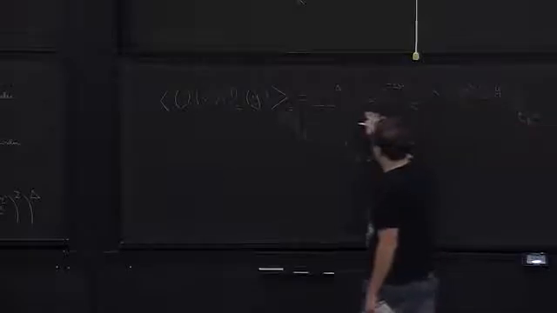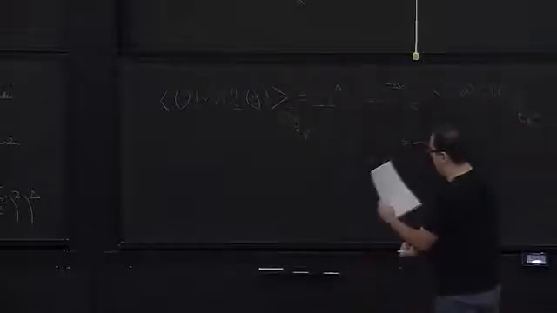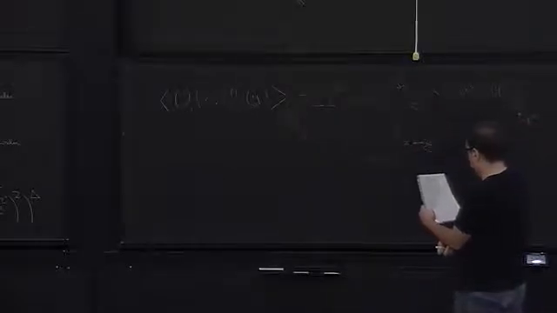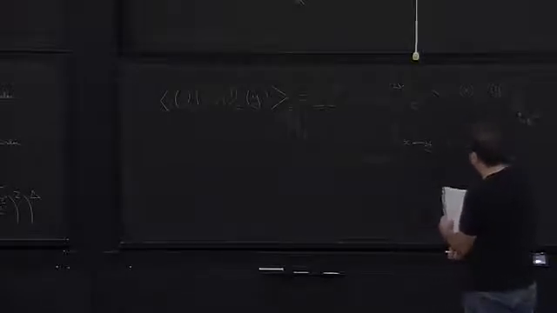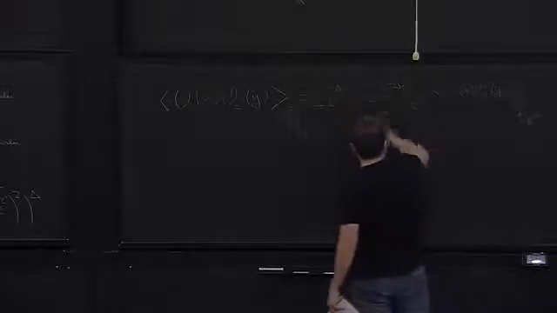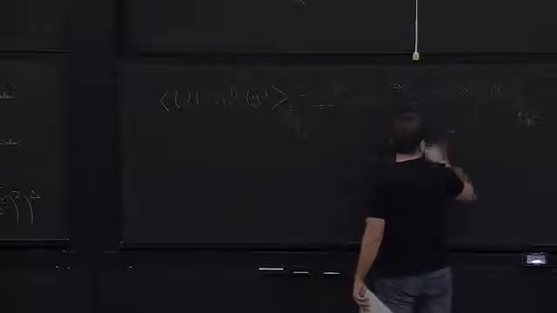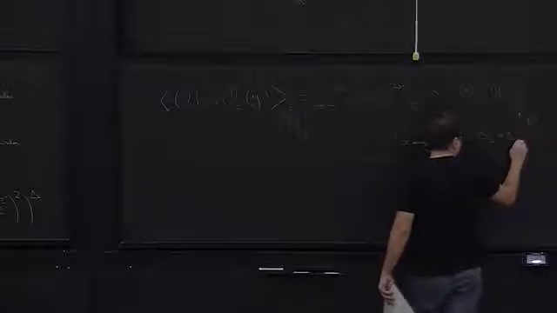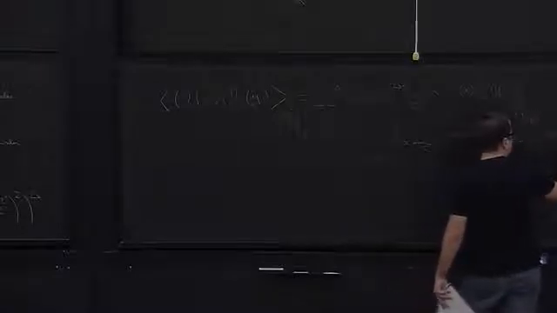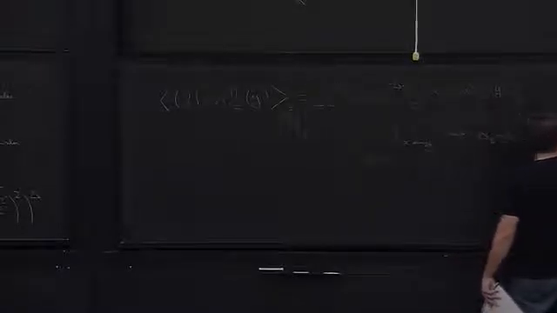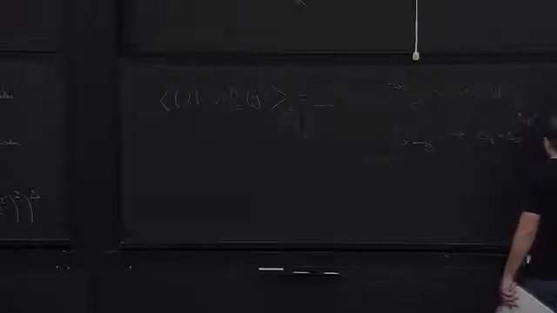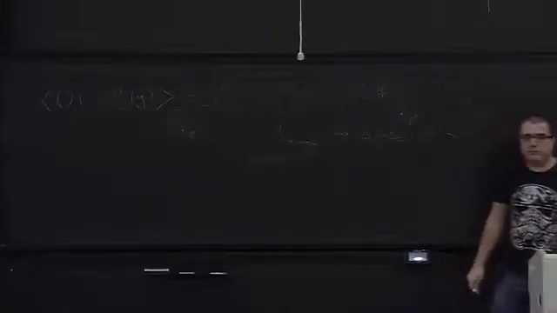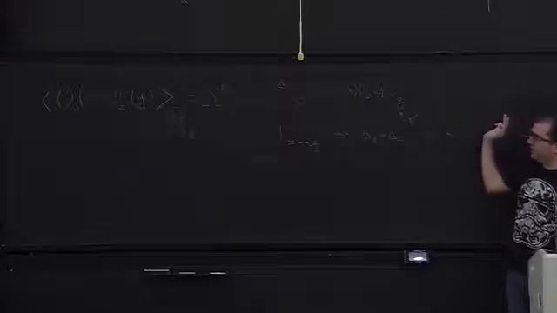But this can only work if the deltas are the same. So this immediately implies that delta 1 must be equal to delta 2, or otherwise the correlation function of O1, O2 is equal to 0. Okay? This is a very fast way of proving it.